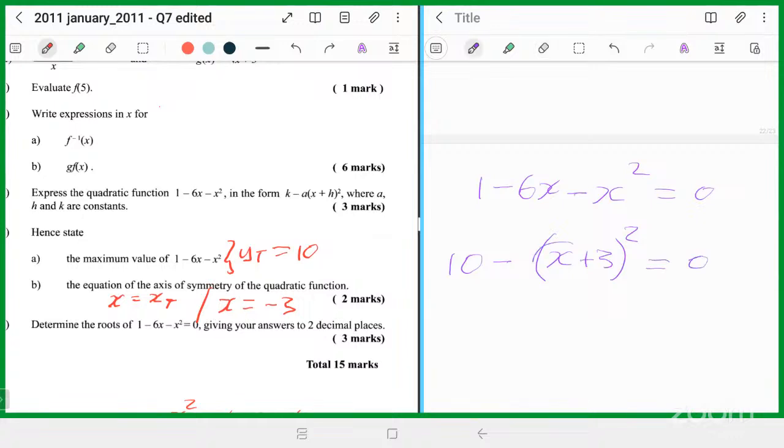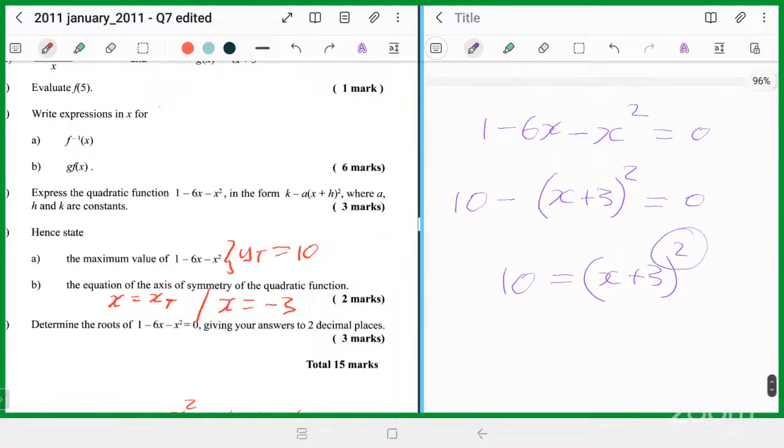I'm trying to make x the subject. I'm going to take all of this and transpose it to that side, make it positive first. I'm going to get 10 equals x plus 3 squared. Then to get out of this square, I'm going to square root both sides, but this is the kicker. You have to remember that when you calculate a square root, it can be plus or minus. You cannot forget. That's where the plus or minus comes from in the quadratic formula, the square root part.